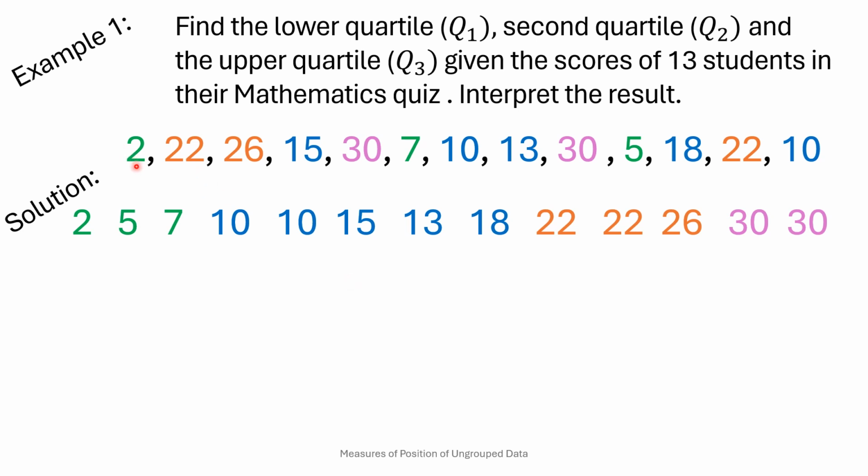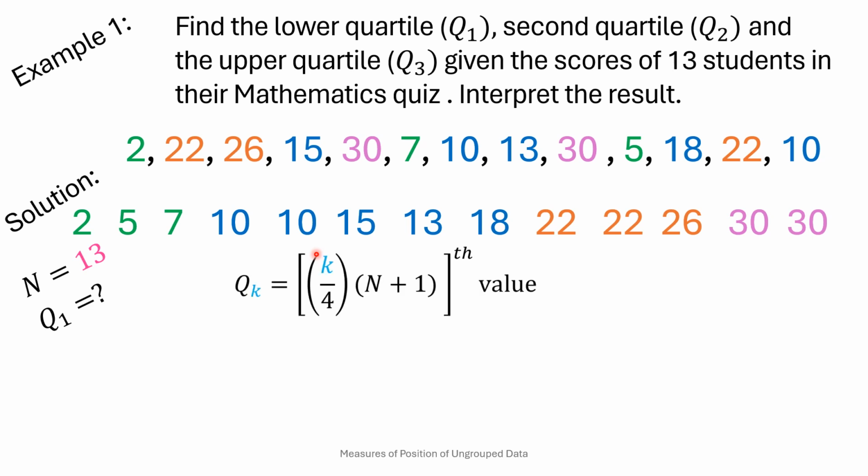So, step 1, you have to arrange the data values in ascending order. Then count the number of data values or scores. There are 13.